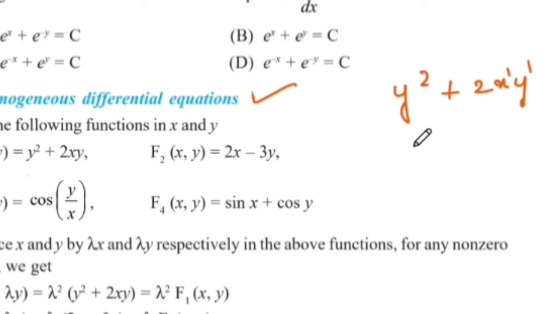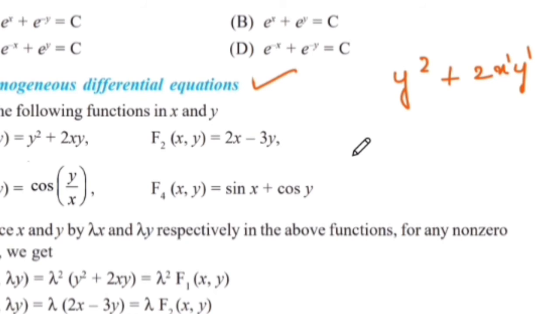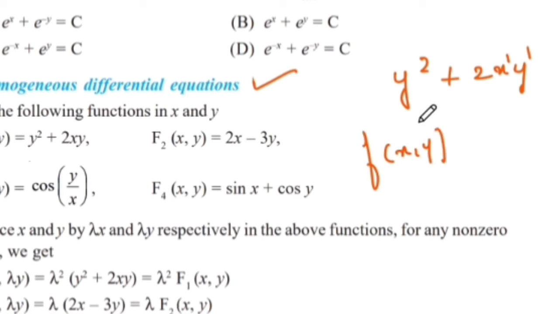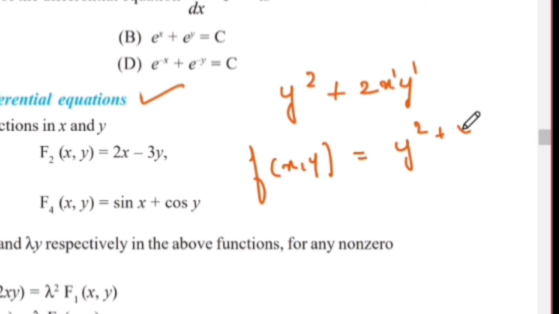But sometimes we cannot check, so there is a method to check whether the function is homogeneous or not. That is, you put f of x, y. If there are 2 variables, put the variables x, y here. If there are 3, put 3 variables here. So y square plus 2xy. Now put f of lambda x, lambda y.